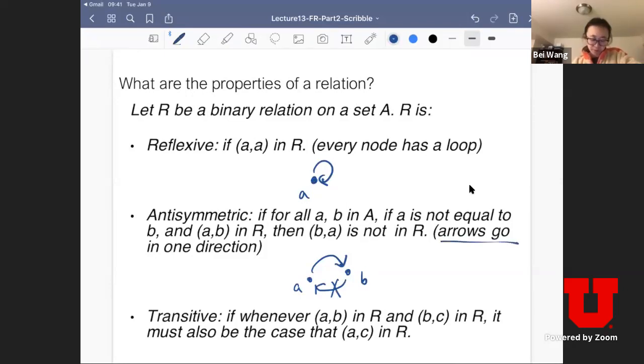In other words, the arrows go only one direction, so it's not bidirectional. Transitive means whenever there's a relation between a and b and a relation between b and c, we have a relation between a and c. Okay, so those are some of the mental pictures.